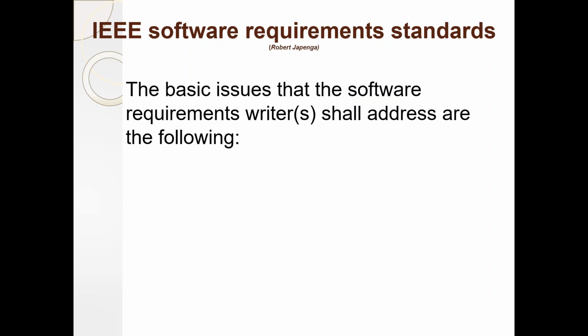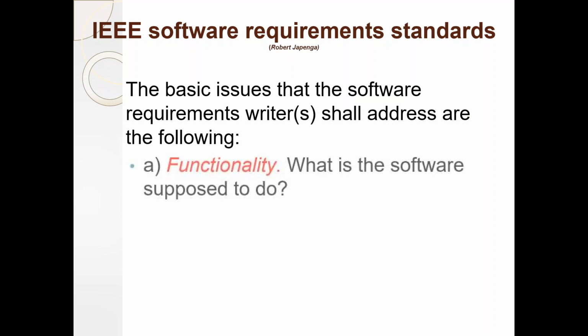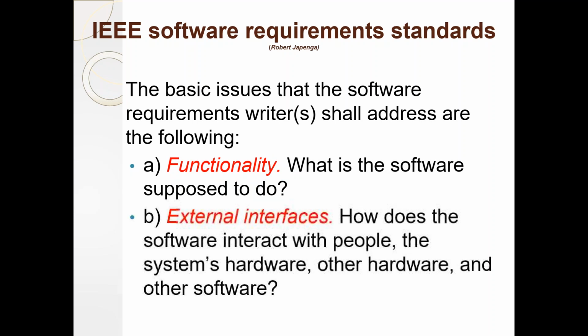The basic issues that the software requirement writers shall address are the following. Functionality. So that's one of the standards. What is the software supposed to do? External interfaces. How does the software interact with people, the system's hardware, other hardware, and other software? So it must be functional, must be able to do certain things. It must be able to do what it says it is supposed to do.